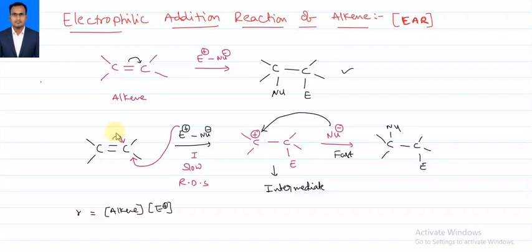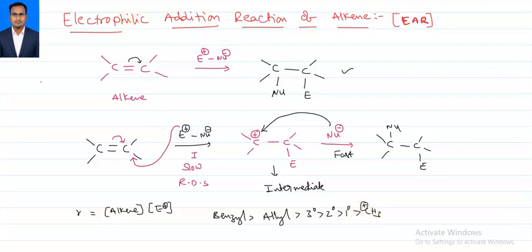Hence the carbocation stability plays a major role in this addition reaction of the electrophile. The nucleophile attacks the more stable carbocation. The carbocation stability order: benzyl carbocation is greater than allyl carbocation, greater than tertiary, greater than secondary, greater than primary, greater than methyl carbocation.